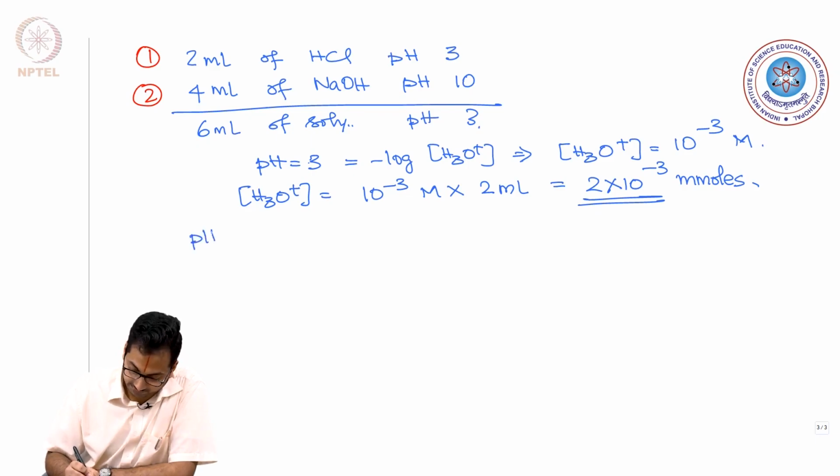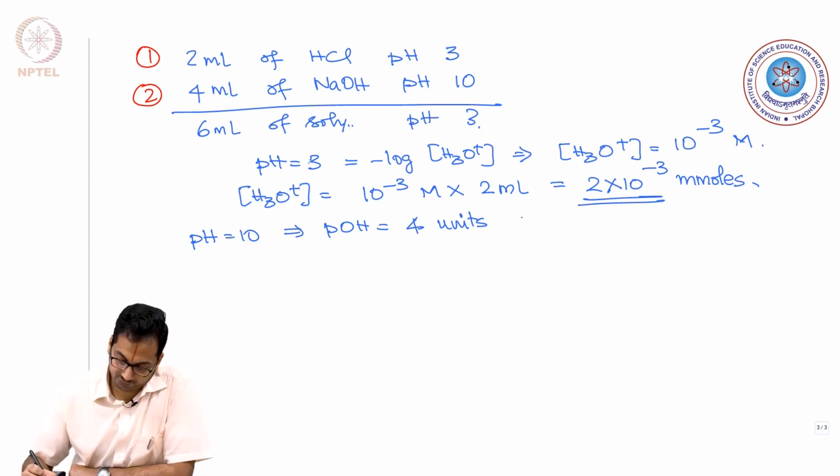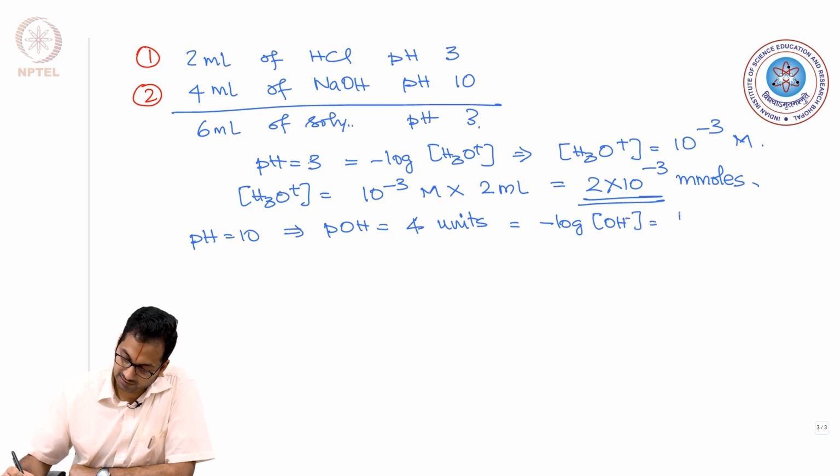At pH 10, we understand that the pOH is 4 units. If the pOH is 4 units, this implies minus log of OH minus is 4, which will end up as 10 power minus 4 molar NaOH is present.